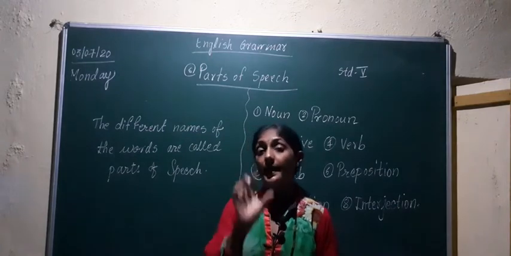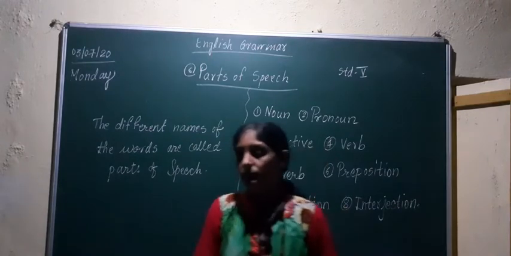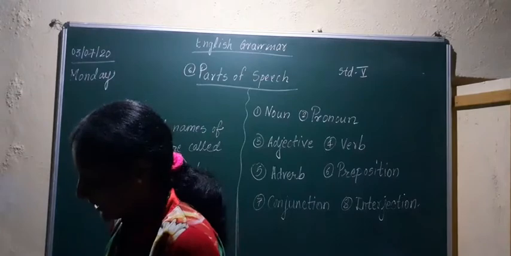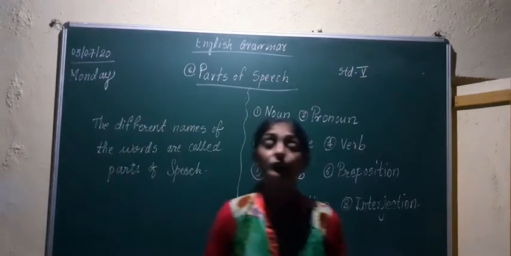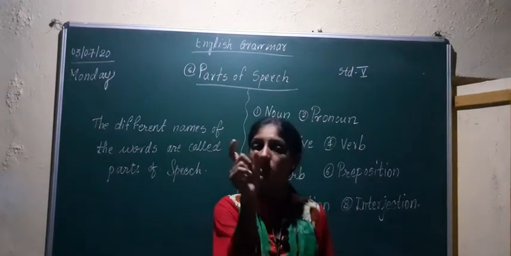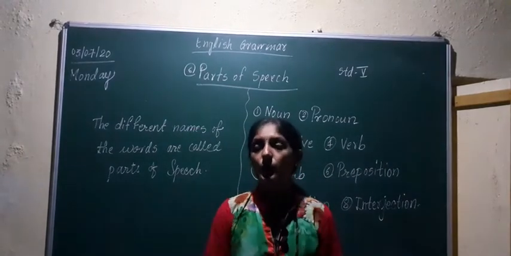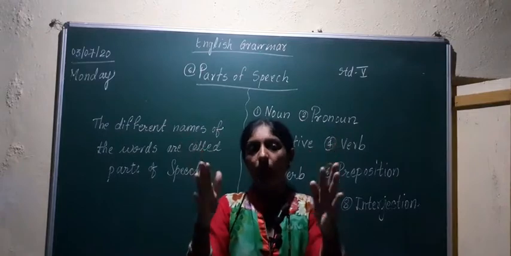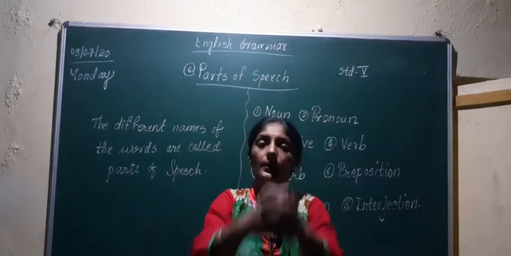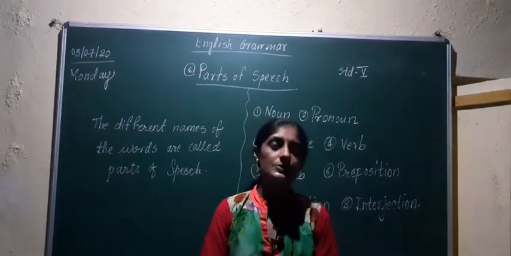Correct? And is what? Conjunction. More examples: I play cricket and football. And is joining two words or two sentences. The words which join two words or two sentences together are known as conjunctions.